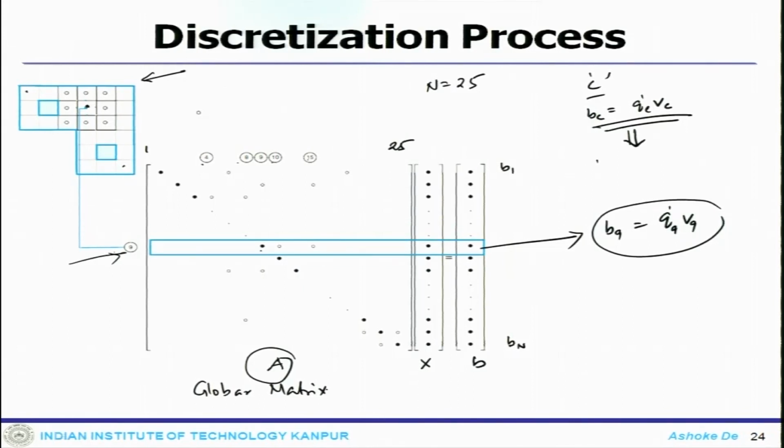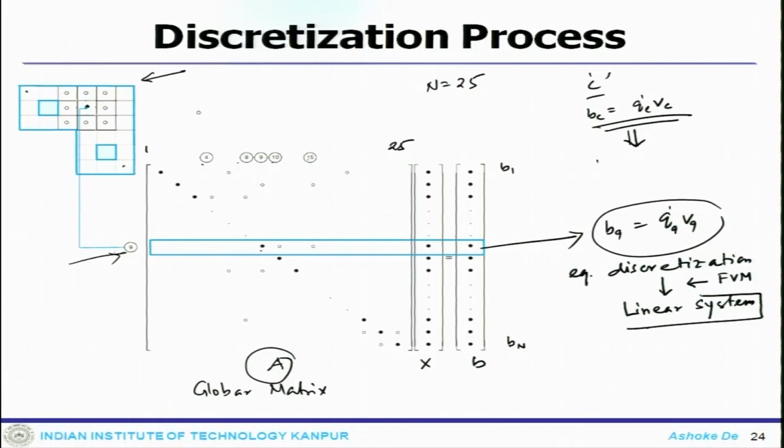So, the step towards that: when you are doing the equation discretization, your final objective is to get the linear system. Okay. And you apply your numerical technique like FVM and you get a linear system. Once you get a linear system like this, the next or final step is getting a solution.